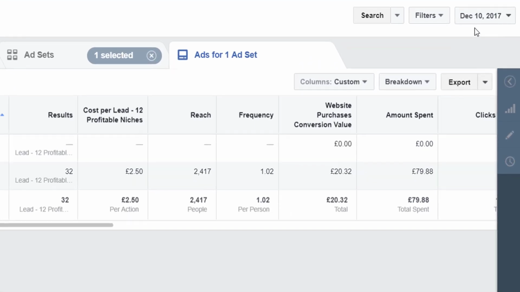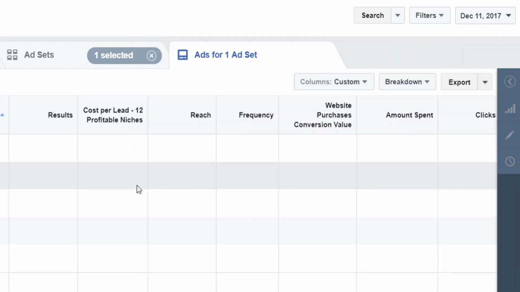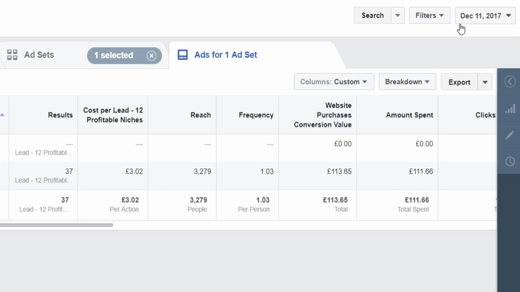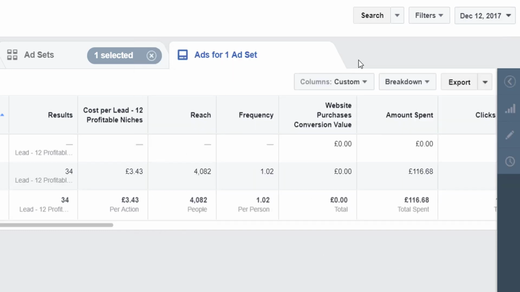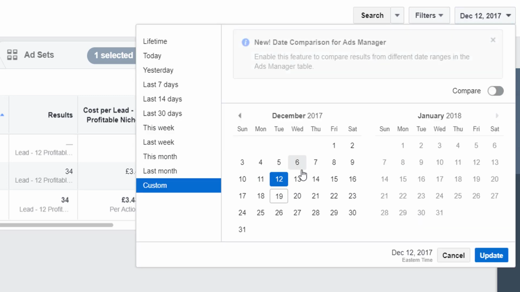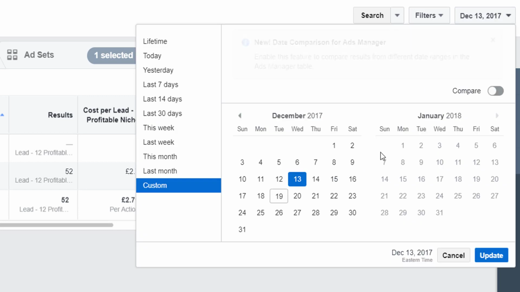So here is a screenshot of the inside of my account from December 10th. If we go through the days here, you'll see that the lead cost was $250, and then on the 11th, the next day, it was $302, and then on the 12th it went to $343, and then on the 13th it was back down to $271, pretty good.